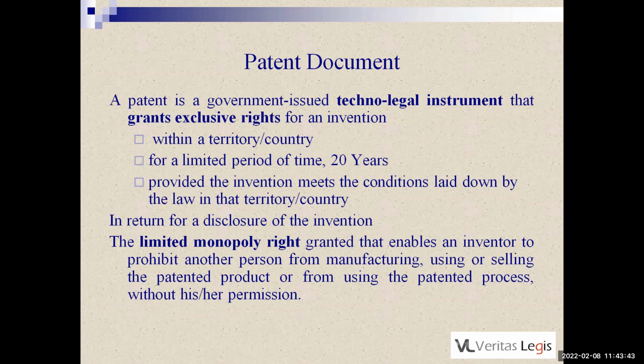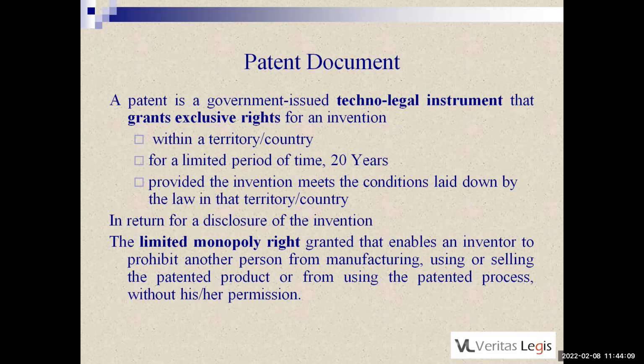If you get a patent, you enjoy exclusive right on that invention for a period of 20 years. It is called a limited monopoly right, because with that patent in your hand you can prohibit other persons from manufacturing, using or selling the same product, or from using the patented process, without your permission.